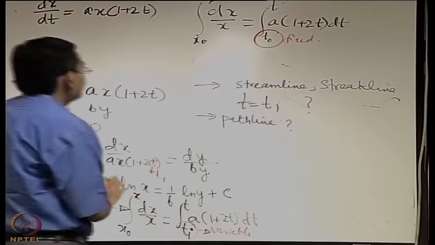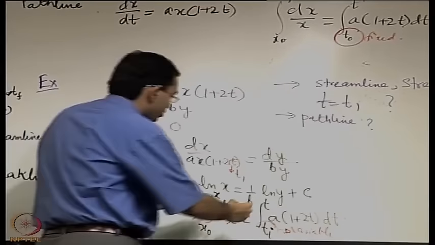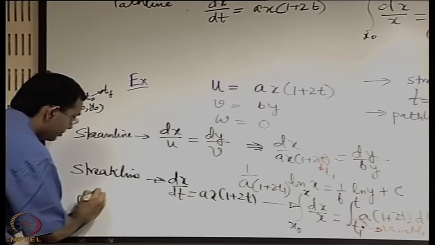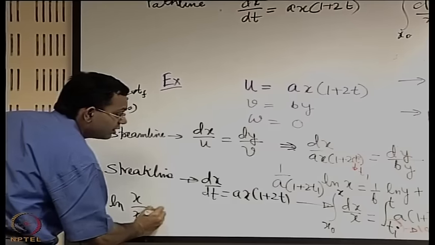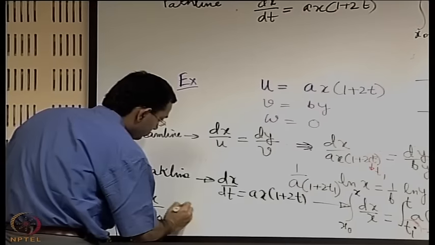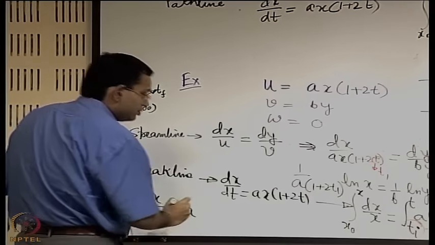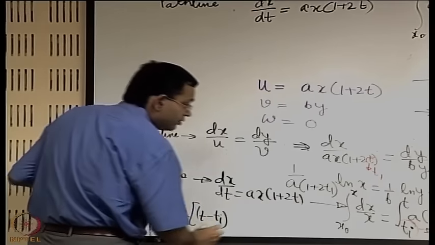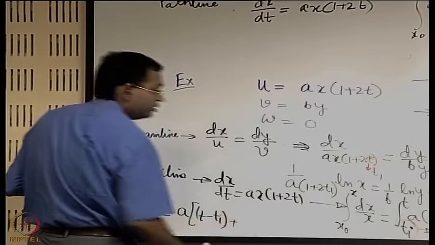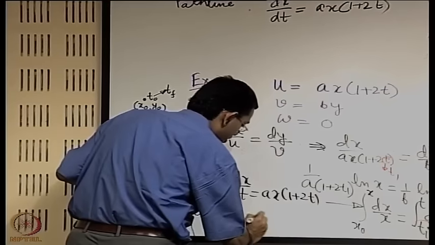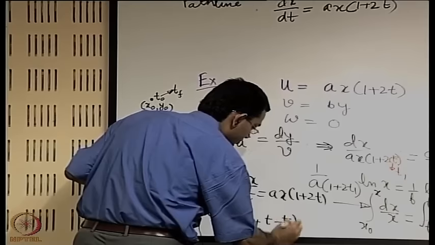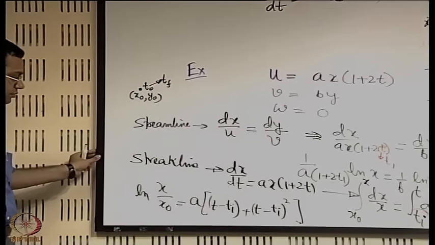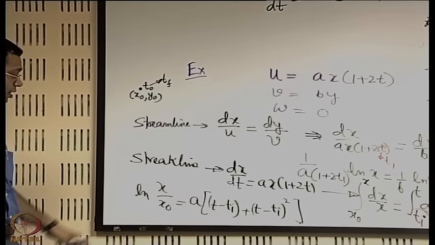So similarly when you write this in terms of x, you have ln x by x naught is equal to a into t minus ti plus t minus ti square, where ti is a variable.